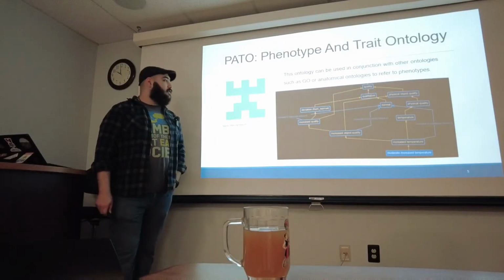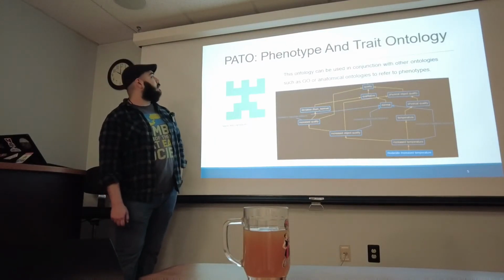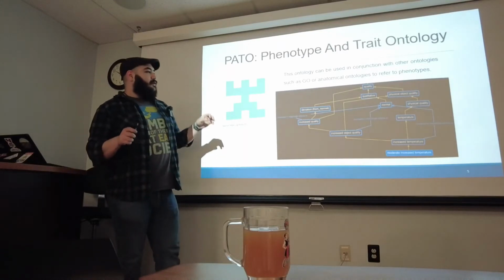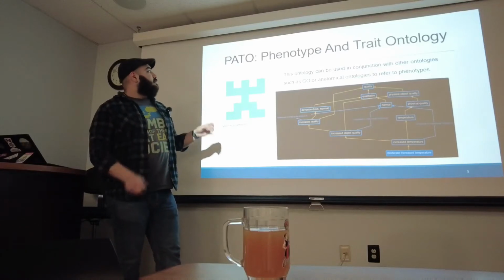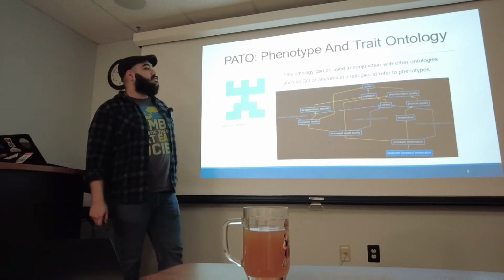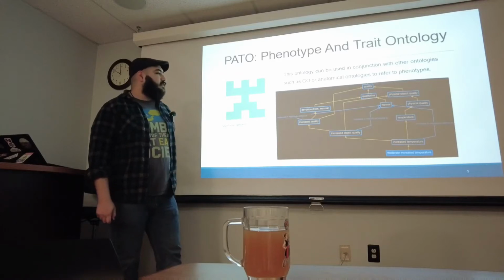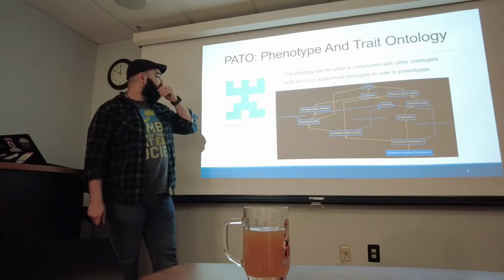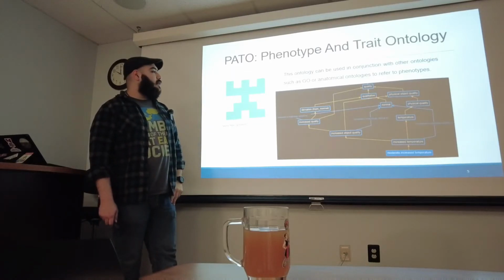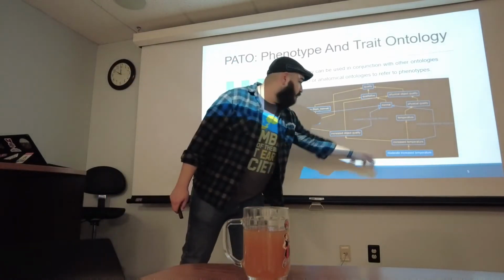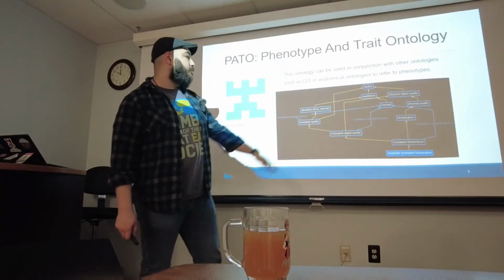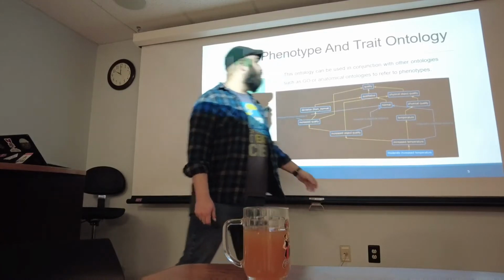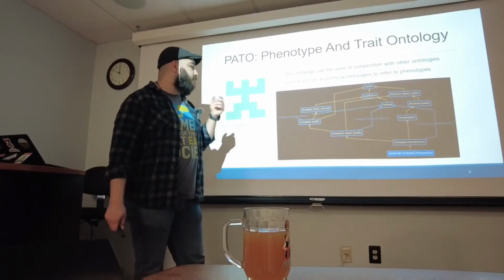The other source that I use a lot for physical object qualities and properties is PATO, the phenotype and trait ontology, which is a really well-developed ontology. It goes hand in hand with GO, the gene ontology. For example, for temperature down here, you get the physical quality, and then of course it goes up to physical object quality, which is a type of quality, which is the BFO form.